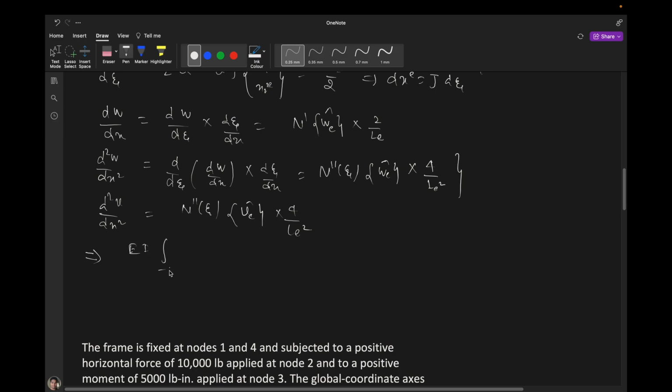EI from minus 1 to 1, and this is B. For this moment this becomes B. So this will be B transpose B, and J, the whole term, N double dash zeta into 4 by l e square, into v e hat.